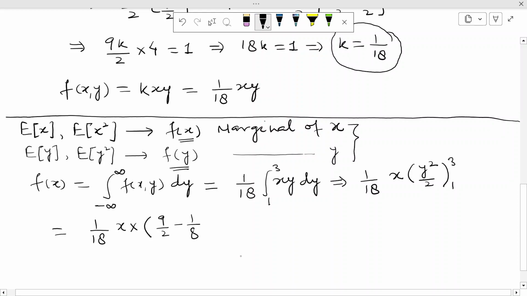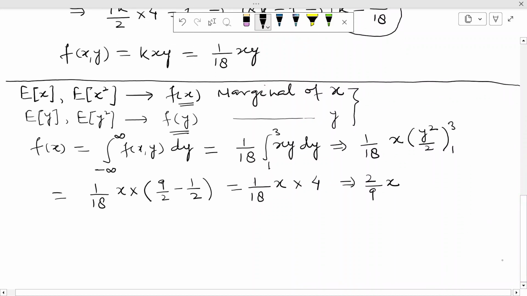Okay, so this is again coming out as 4. We can write one more step here: this is 1 by 18 x into 8 by 2, or simply this is coming out as 4. So our marginal of x is coming out as 2 by 9 x.